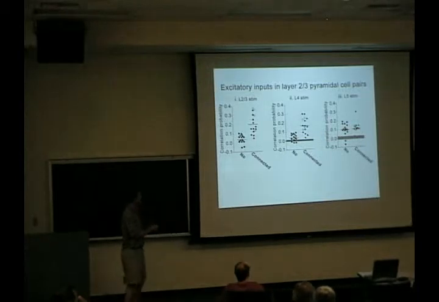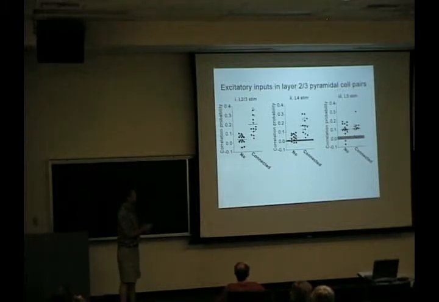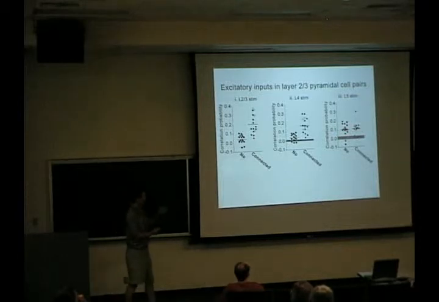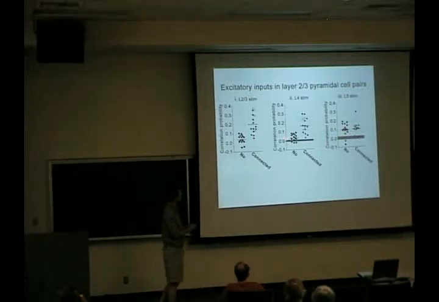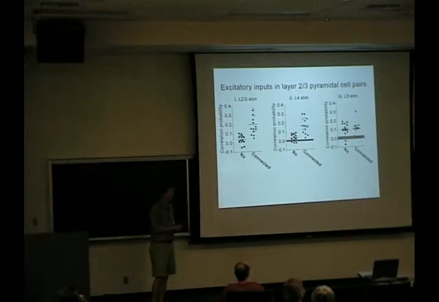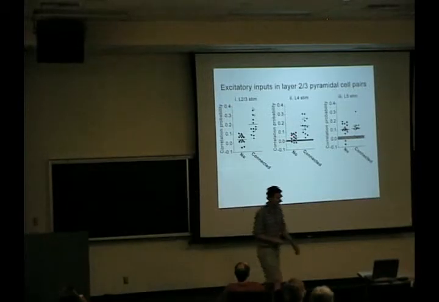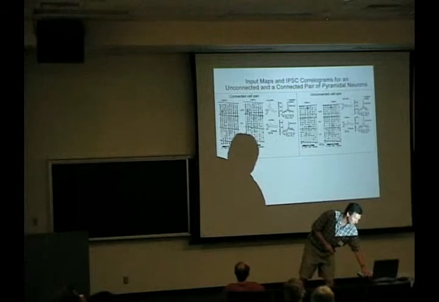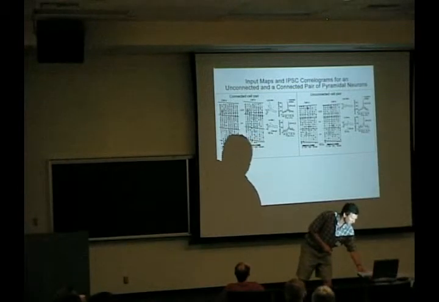So there's some kind of selectivity here, we think, but this input from layer 5 isn't respecting the same groupings of cells that are defined by the specificity of the feed-forward and recurrent connections.